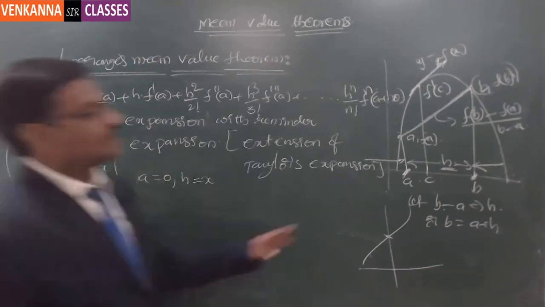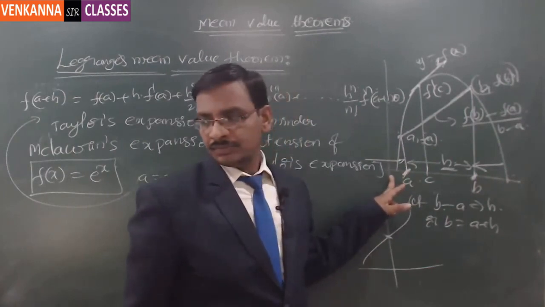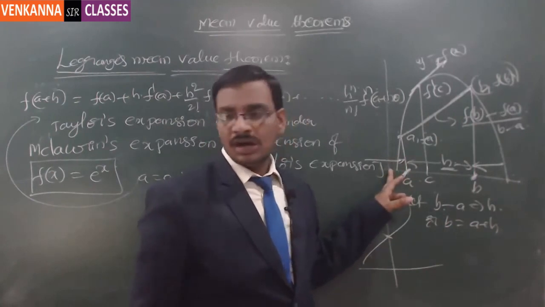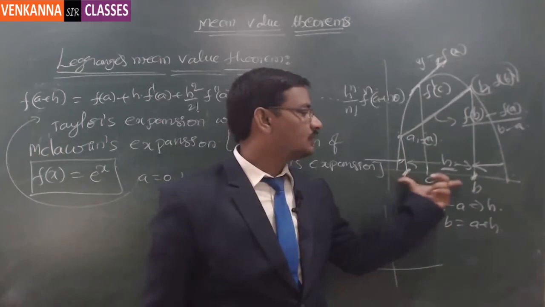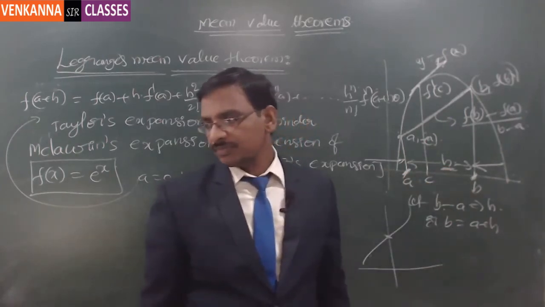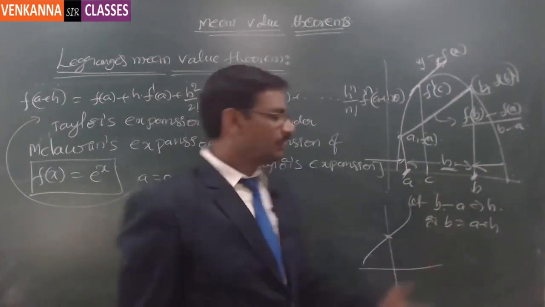So rather than taking the point here, you always start with 0. That is suggested by Maclaurin. So start with 0, and then if you take any point, definitely starting from 0, this value will be x. b will always be x, right? Correct or not? So h is equal to b minus a, so h is equal to x.